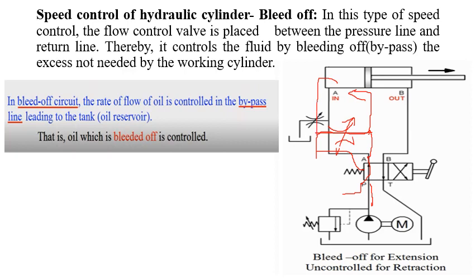The flow will move out like this. Okay, in this way, by using bypass or bleed off control, we can control the speed of the cylinder in both cases, during extension and retraction of the cylinder. Okay, thank you.